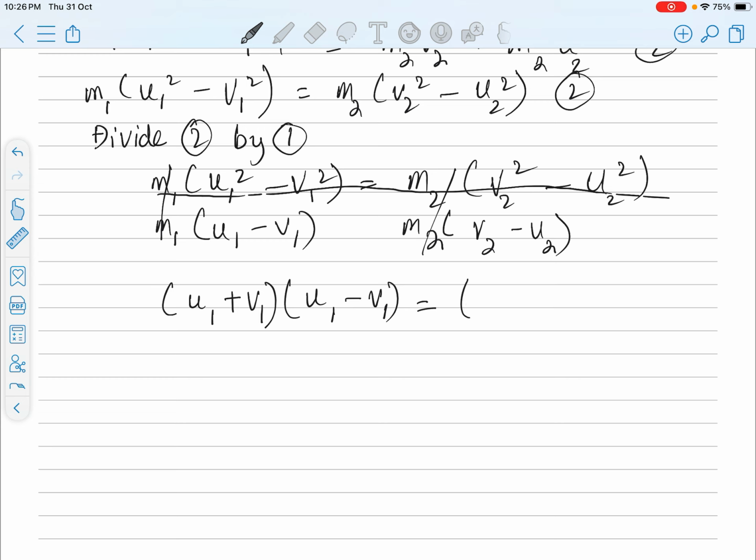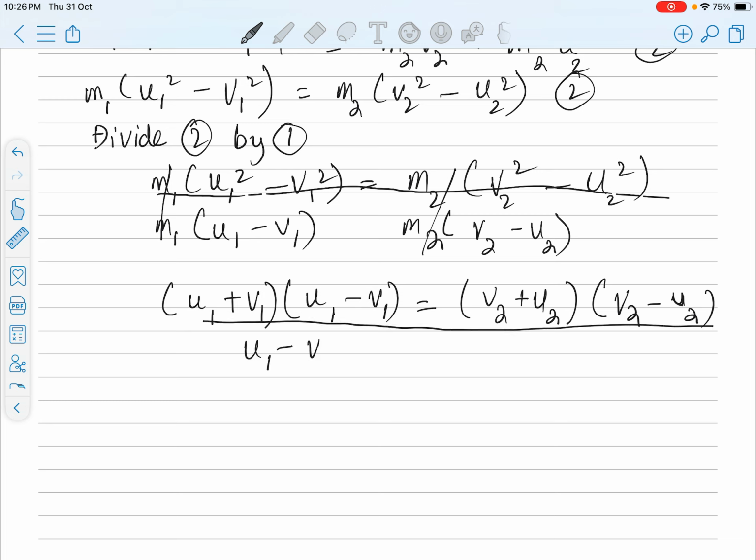Same is the case here. Can I write a square minus b square, and a square minus b square can be written as a plus b and a minus b. (v2 plus u2)(v2 minus u2), divided by (u1 minus v1)... (v2 minus u2).